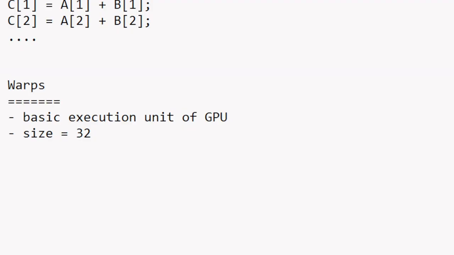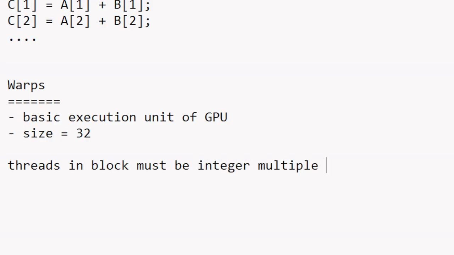So the question that can arise in your mind is, if the GPU schedules warps, then is it true that the total number of threads in the block must be an integer multiple of 32? I mean, one block of 32, or 32 times 2, 32 times 3.